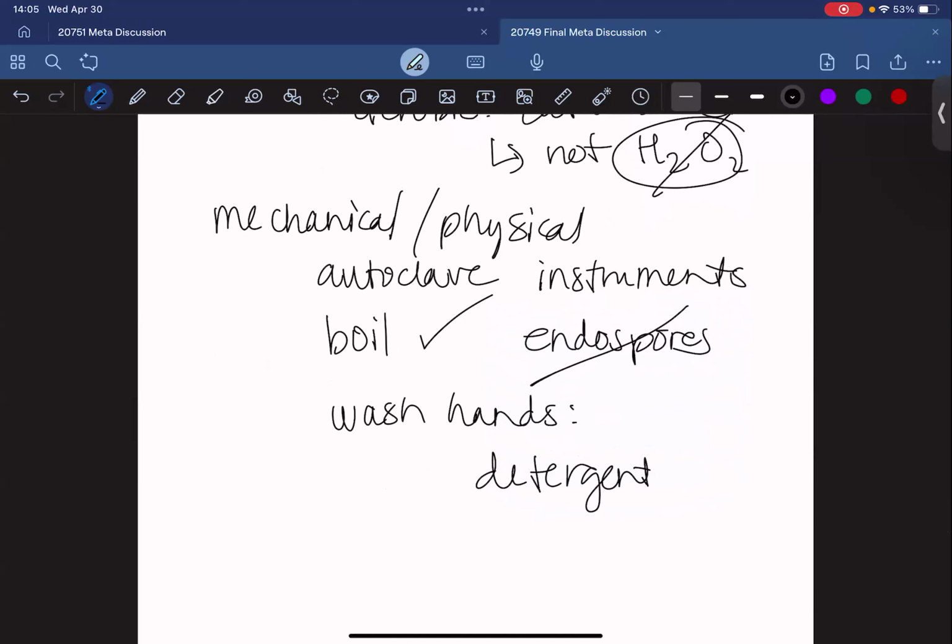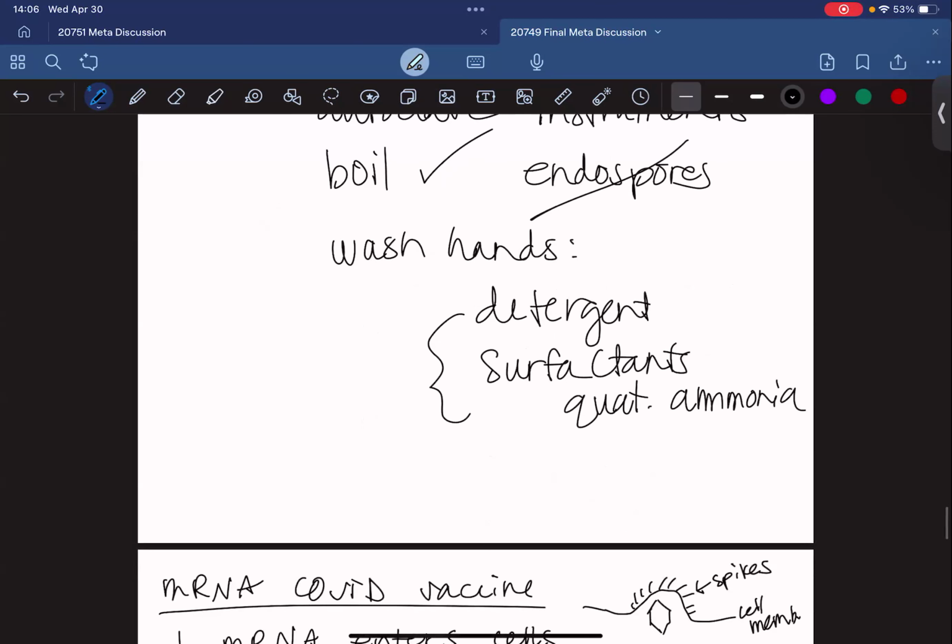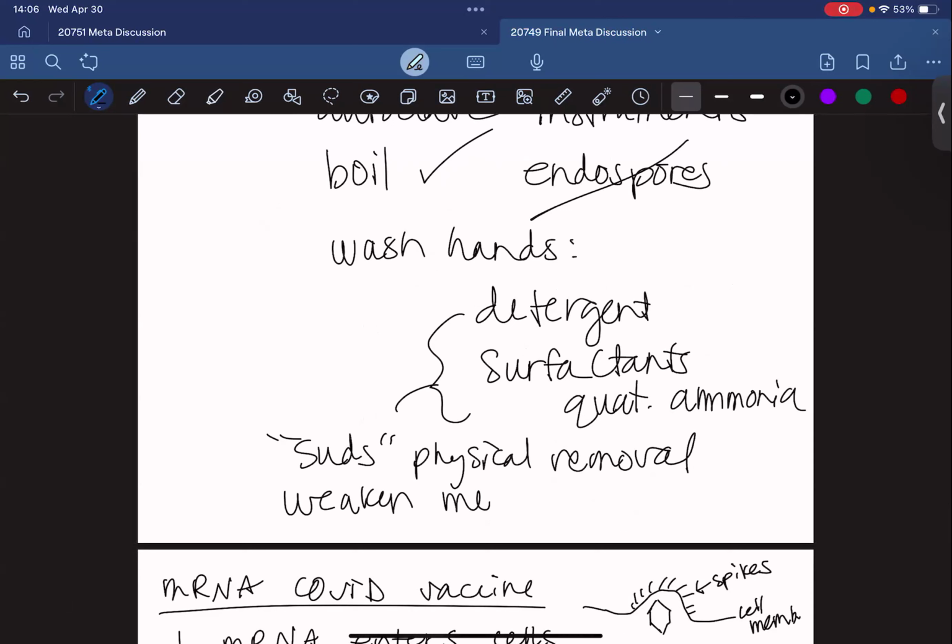The detergent in there also, whenever we are talking about detergents, we will be talking about surfactants, including our quaternary ammonia compounds. These will act to suds for physical removal, as well as the scrubbing action, as well as it will weaken the membranes.